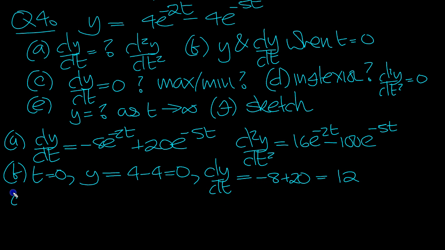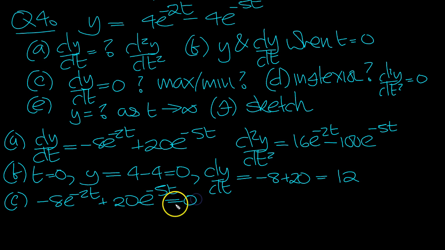Part C then, dy/dt equals 0, so when does this equal 0? So minus 8 e^(-2t) plus 20 e^(-5t), that's dy/dt, equals 0 when... Okay, so let's move the 8 over here.